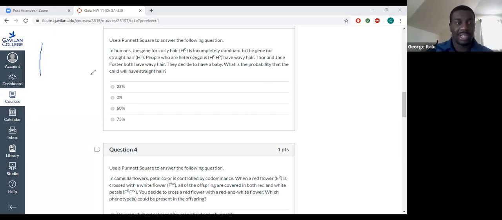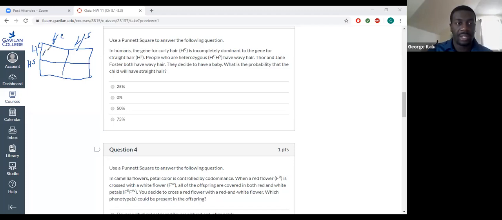So this is 25%. Right, so we'll go ahead and just run through this Punnett square real quick. Okay. So both of them are heterozygous. We're going to see HC over here, HS on this side, and then again, HC, HS. Okay.